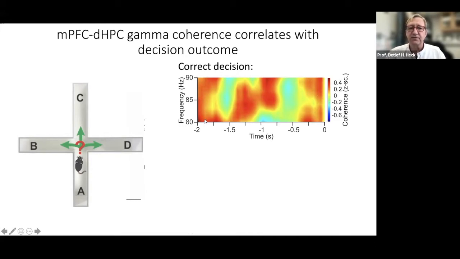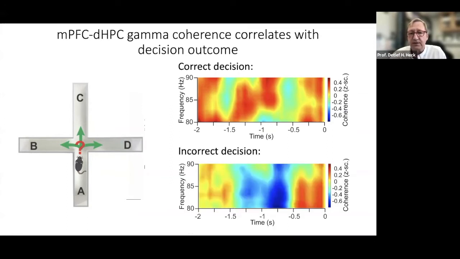Everything that occurs before that, these 2 seconds before, we consider the process of decision making while the mouse is in the center. So you see here the time resolved coherence in gamma during the decision making when the decision was correct. And this is what it looks like when the decision actually was incorrect.